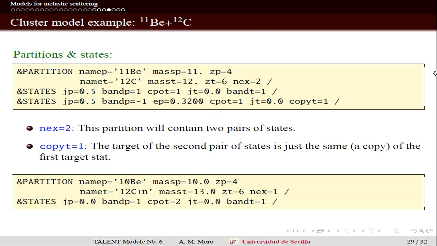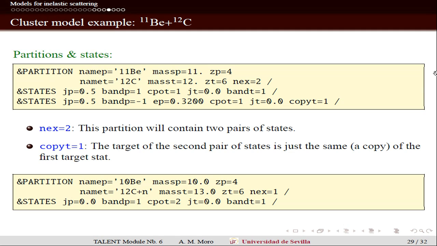So we have our initial partition, beryllium-11 on carbon-12 with the masses and so on. So for this partition, we have two states of the projectile, the ground state and the first excited state.